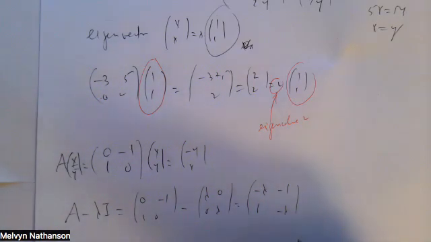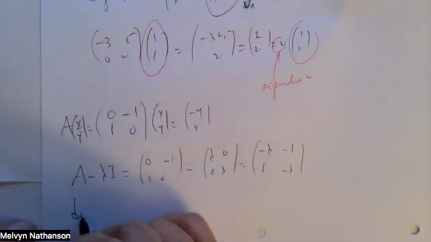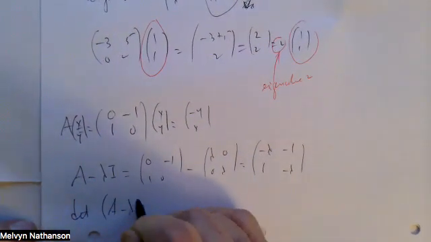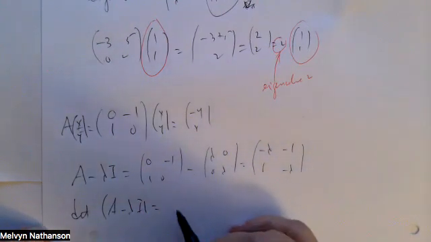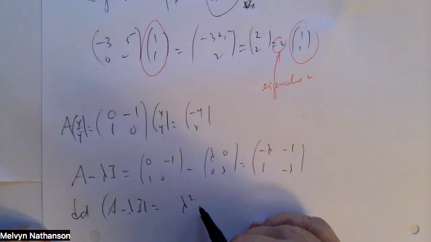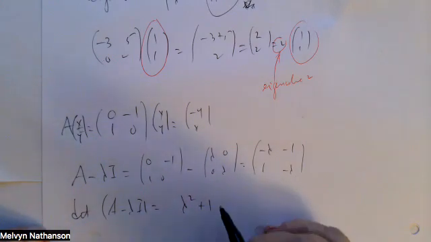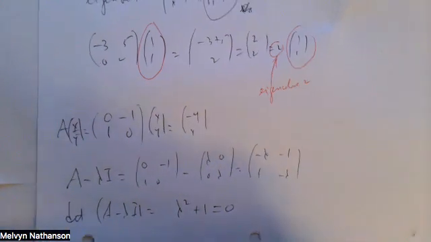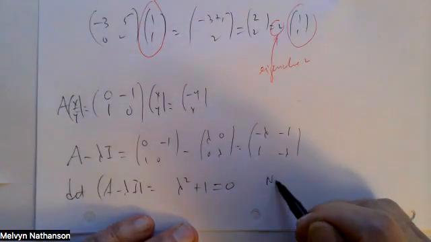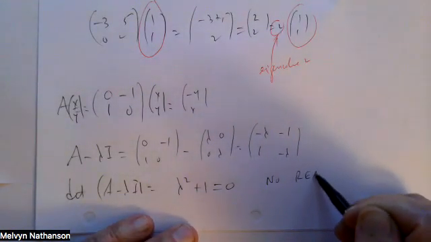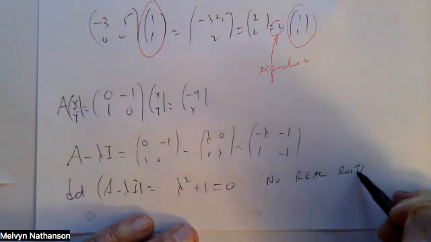And the determinant of this matrix is lambda squared plus 1. And what are the roots of this? Well, lambda squared plus 1 has no real roots.